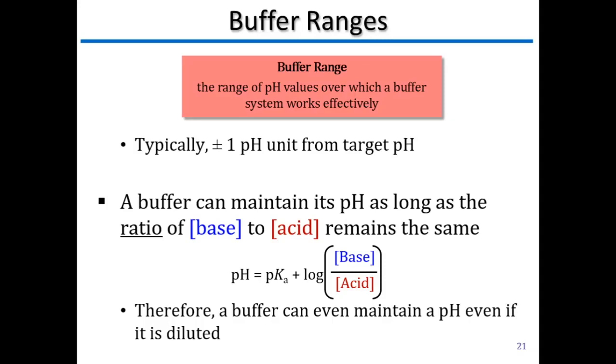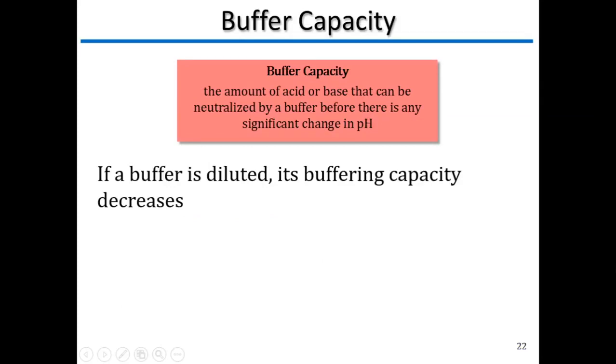So to a point, I mess up this ratio. If I add enough acid or enough base, I'm going to mess up that ratio. That is its buffer capacity. So there's a limit to how much acid or how much base I can add.